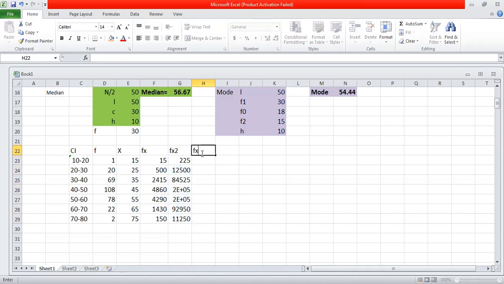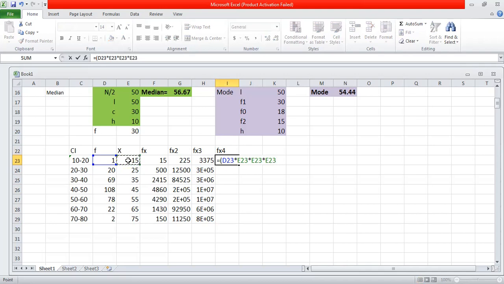Next we want fx cube, which is equals to f into x into x into x. Close the bracket. We get f into x cube value also. Drag these values. Now fx power 4, so this is equals to f into x into x into x into x, 4 times. So we get f into x power 4 also. Now we want summation of all this.